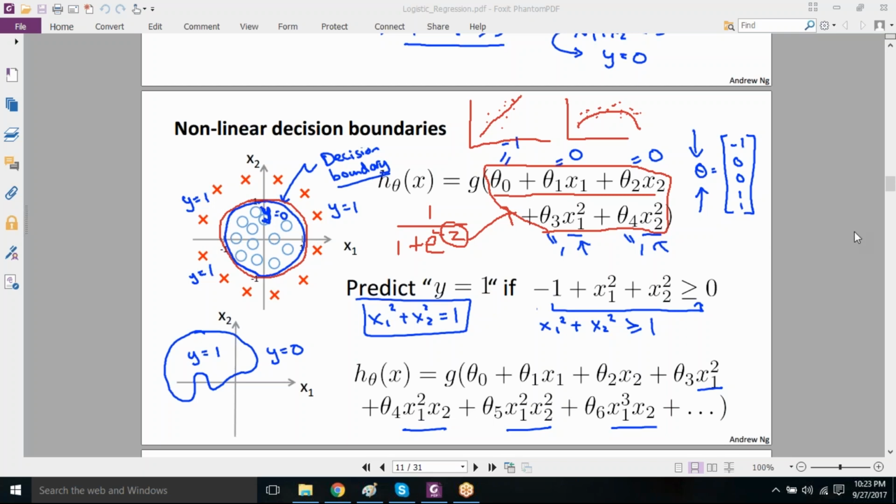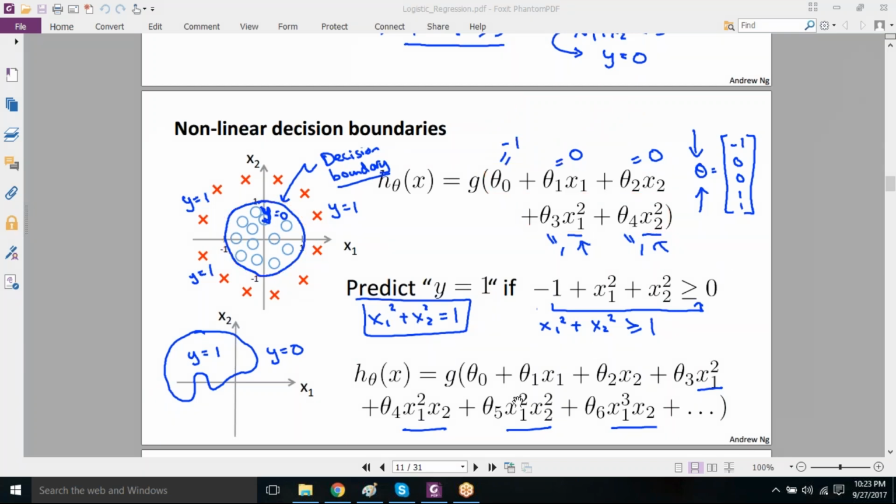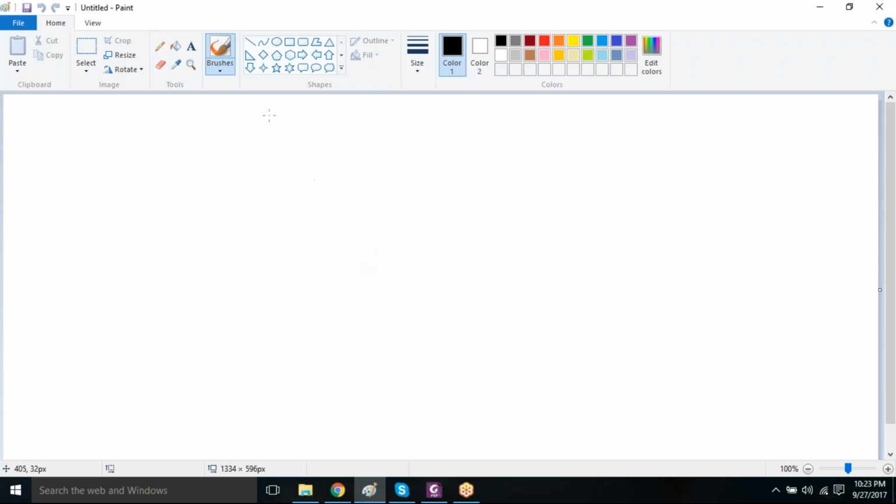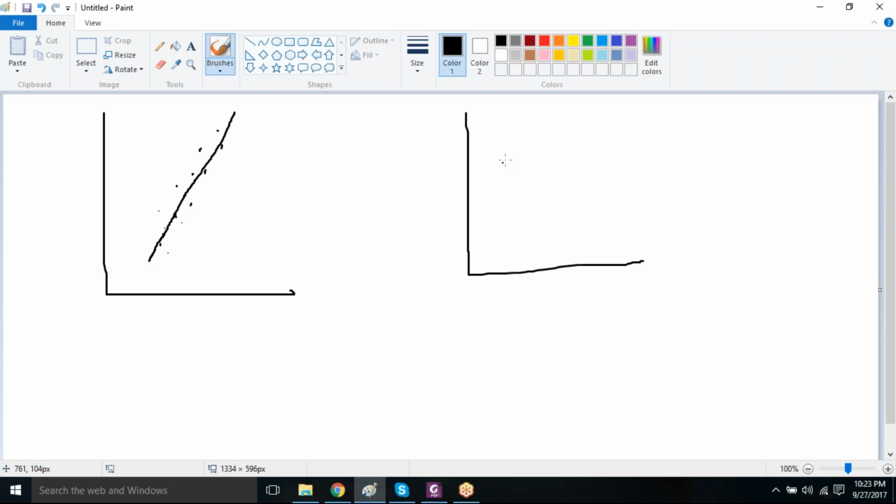You understood what I am trying to say? Okay. I will again maybe explain. So in linear regression, if you had points like this, what we used to do? We used to place a line like this. Similarly, in logistic regression, if you have some data like this, you will try to place a line like this.